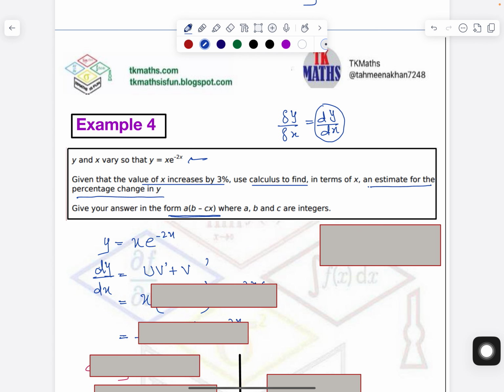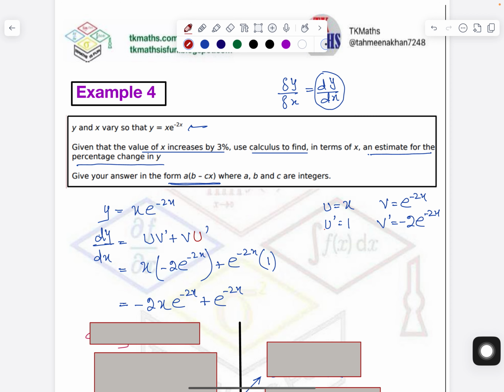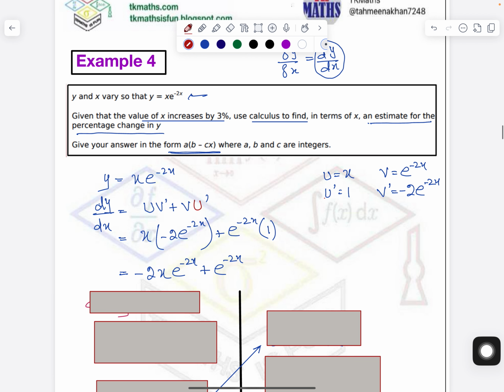So I will apply the product rule here directly: u v prime plus v u prime. Now you can differentiate your u and v separately and then substitute these values in the formula. Once you substitute, if you want, you can take the common factor out at this point or later, your choice. I have not done it at this point, but later I will do it.